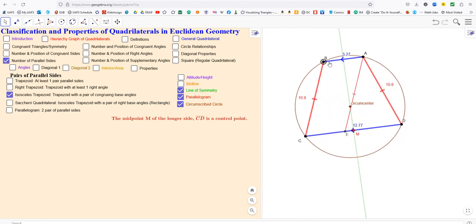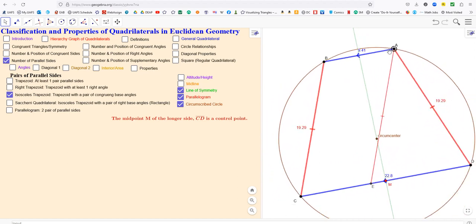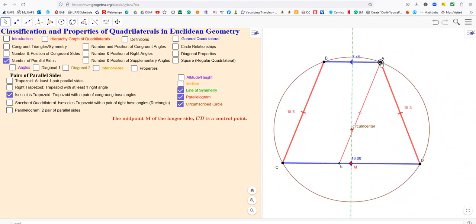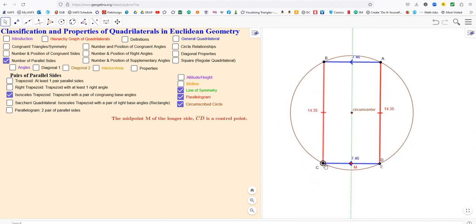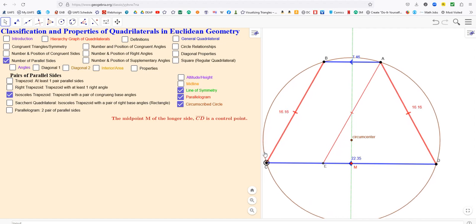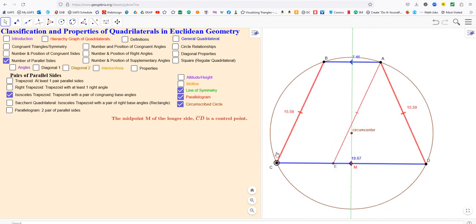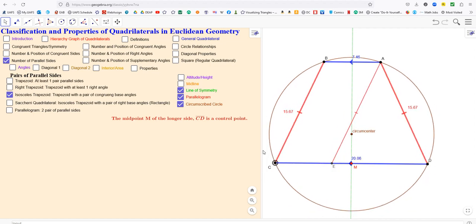But I think it allows it to be a rectangle. But it always makes side CD be the longest side.